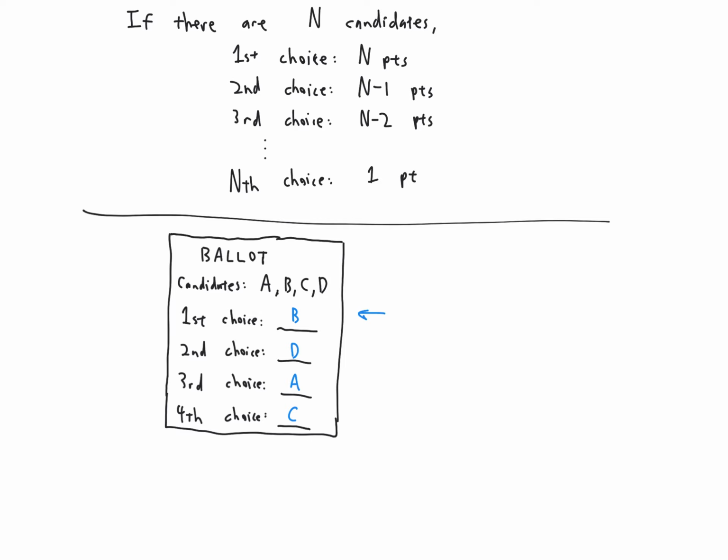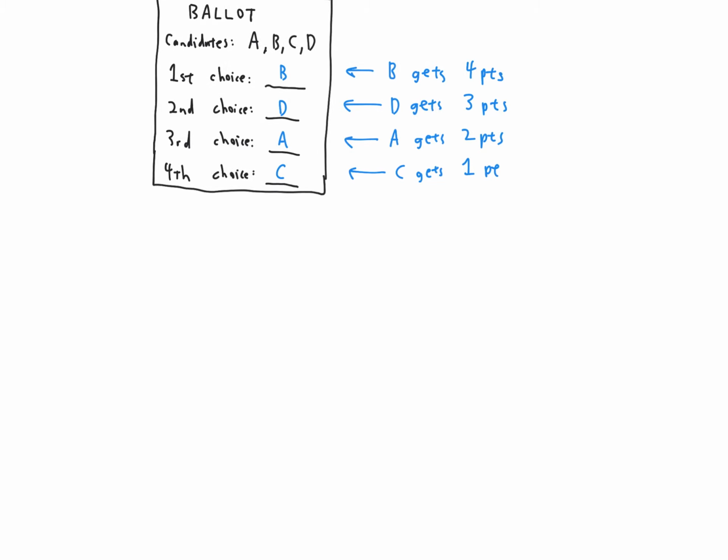Then when this ballot is counted, candidate B gets 4 points, candidate D gets 3 points, candidate A gets 2 points, and candidate C gets 1 point. So that's how things play out for just one ballot, but let's look at the results of an entire election.